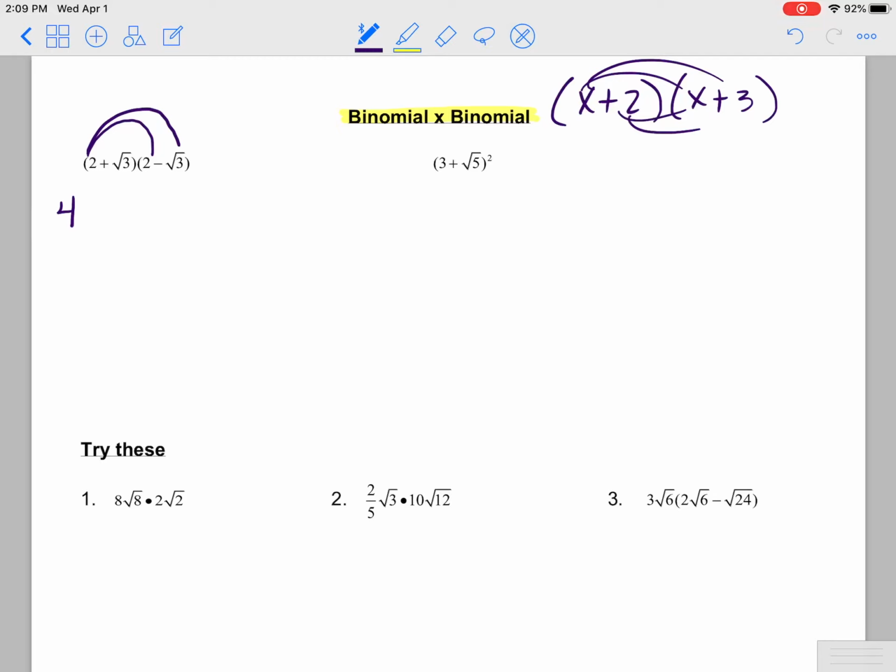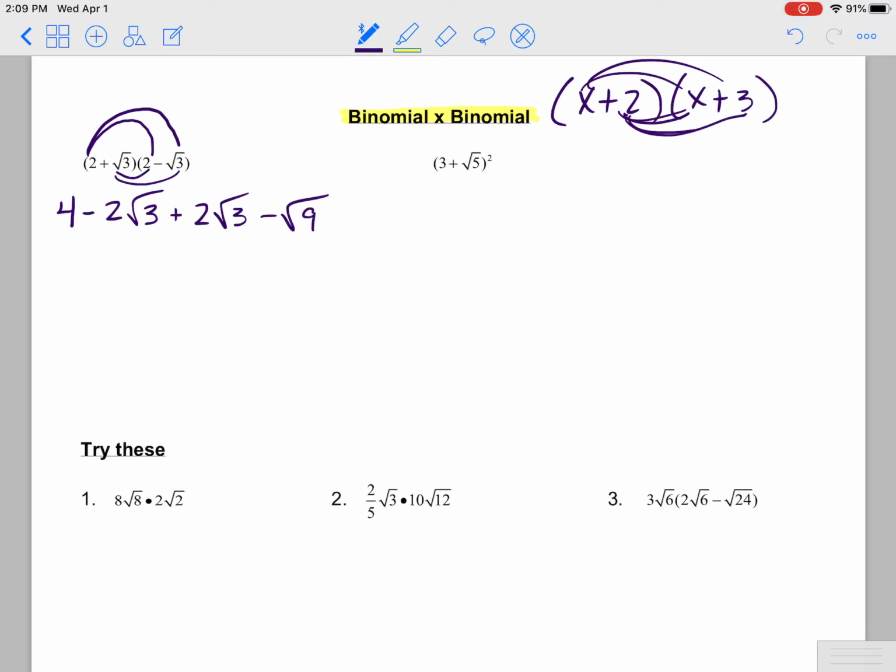So 2 times a negative radical 3, that's a negative 2 radical 3. And then you're going to take that second number, just like here, I distribute it to both numbers. I'm going to do the same thing here. So I get plus 2 radical 3 minus radical 9.